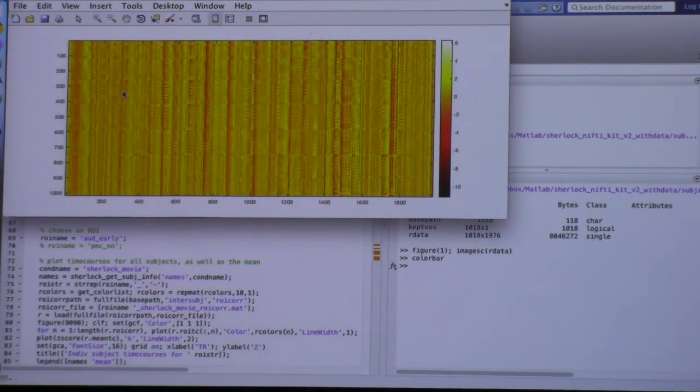But you can also see that all of the voxels share this fluctuation over time. These vertical stripes are showing you that a lot of the voxels in this ROI are doing roughly the same thing over time. And that's often the reason that you would choose an ROI in the first place: you think that there's some reason for grouping all of those voxels together. They have some kind of functional property that they share.